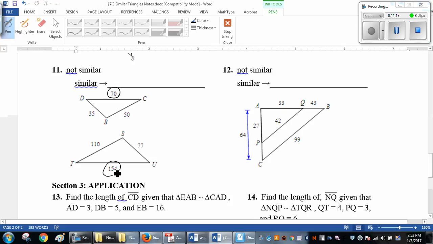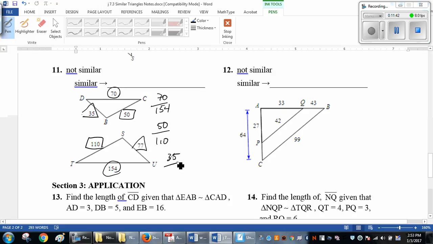So when I write my ratios, 70 over 154. All right, go to the next biggest. The next biggest is then going to be 110. The next biggest here is going to be 50. So again, I start with this one, 50 over 110. Then the last one I have is going to be 35 over 77.